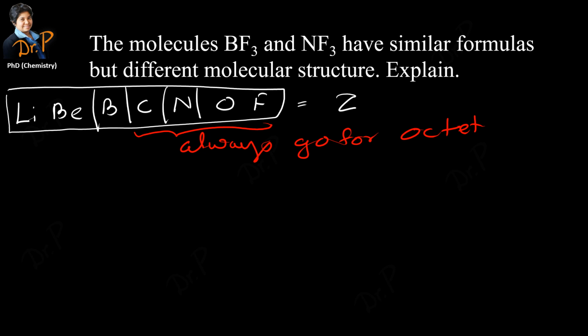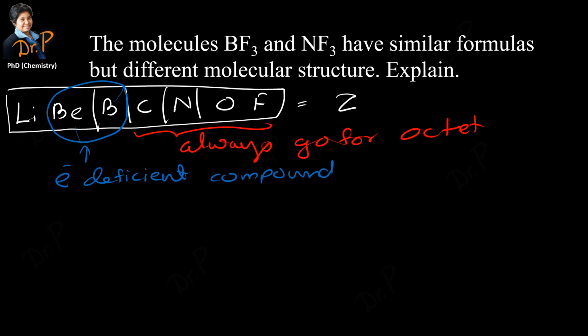However, elements like beryllium and boron can make electron deficient compounds. They don't have to go for octet all the time.